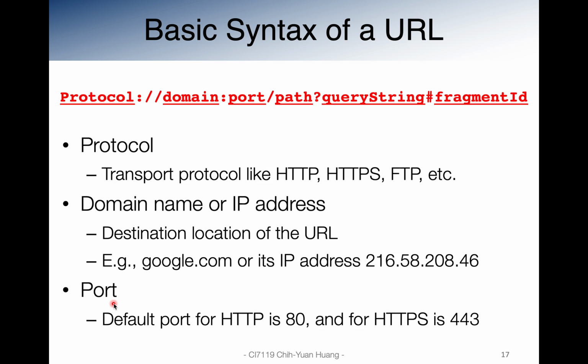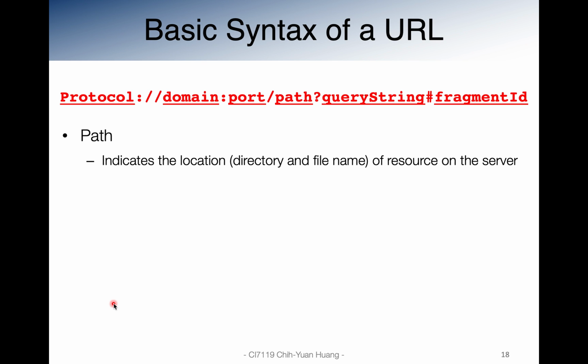After the port, the next part usually comes after a slash, followed by a resource path. This resource path indicates the location, the directory or file name, of a certain resource on that server and on that service application.